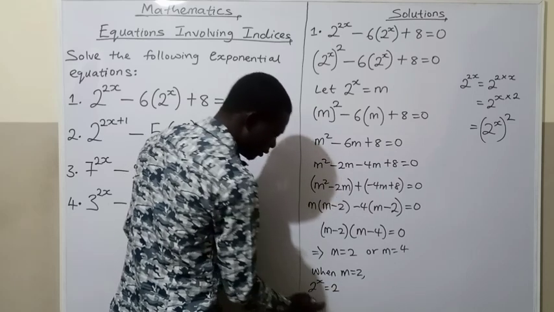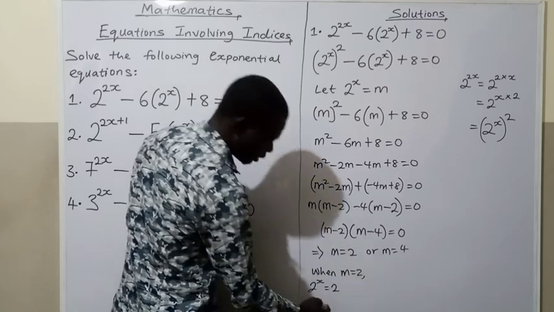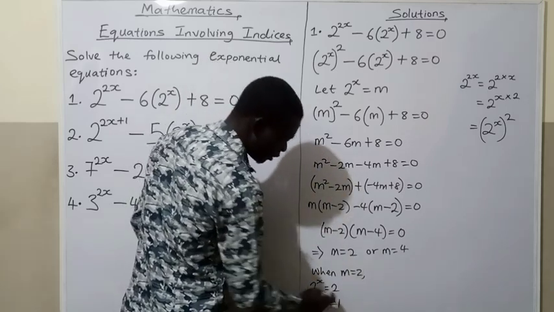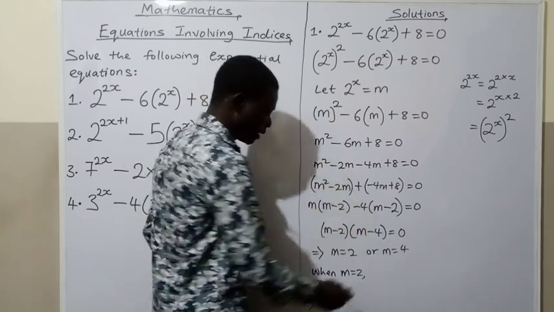That implies, what are you going to raise 2 to give you 2? Of course, x is going to be equal to 1, because 2 raised to power x equals 2 raised to power 1, making x 1.